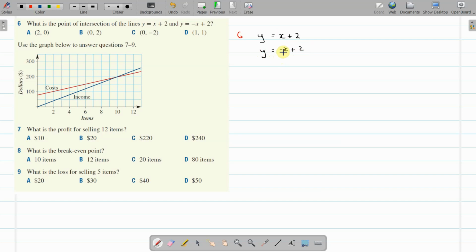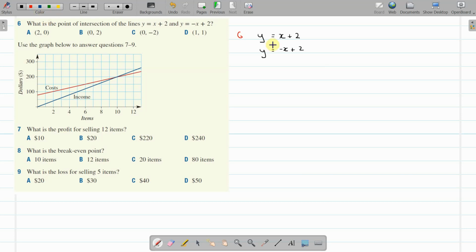You can use the elimination method when you've got opposites happening. You could also do the substitution method. In fact, there's quite a few ways you can use to solve this, but I'll do the elimination one.